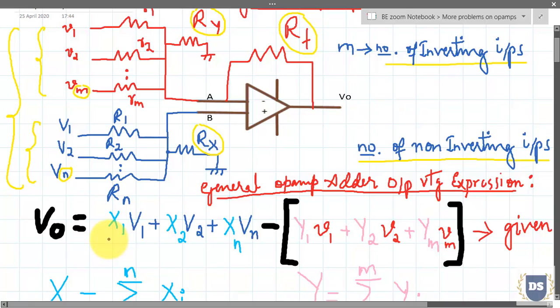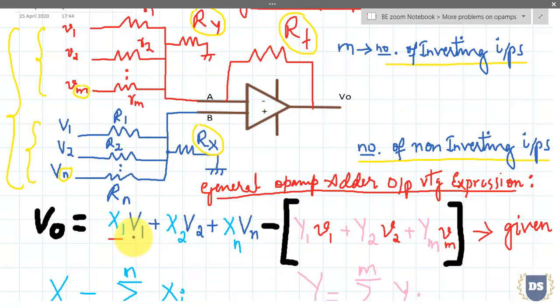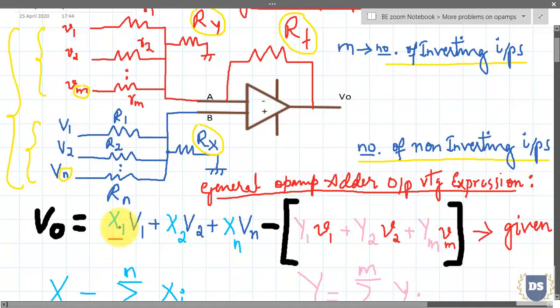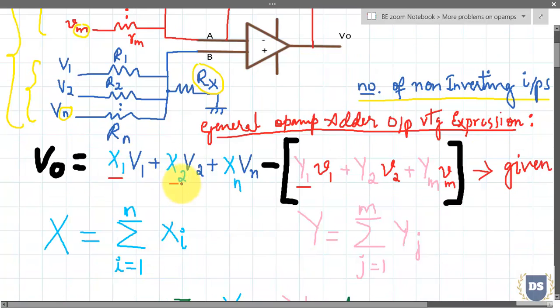And if I go through the coefficients associated with these voltage sources of inverting as well as non-inverting inputs, the coefficients associated with non-inverting inputs are denoted by X, whereas the coefficients associated with inverting inputs are denoted by Y. In fact, if I add all the X values, I'll get capital X. In a similar way, if I add up all the Y values, I'll get capital Y. Addition is indicated in the form of summation, where i starts from 1 and we add till the last coefficient value.